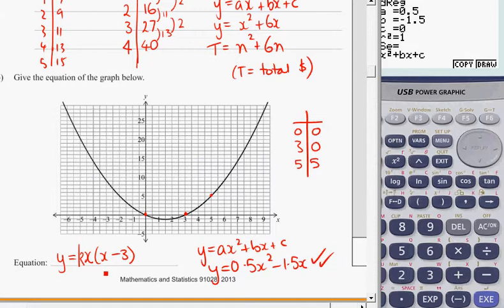Coming over here, a bit more complicated if you're going to use this method, doing it by hand, you don't have to. Using that point 5, 5 and substituting it into what we've got. So x and y, 5 equals, and I'm substituting a 5 where there's x.